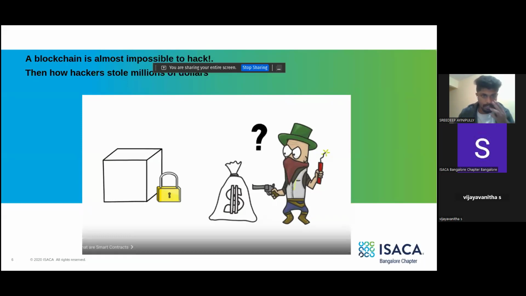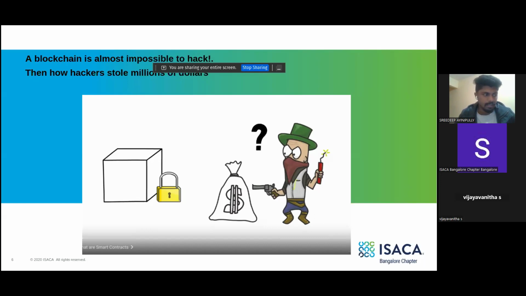So then how did hackers steal millions of dollars? That's the thing here. They are exploiting smart contracts. Once they exploit the smart contract, they move the money to another account, then cash it out. Right now, as per cyber attack trends, most of the APT groups, advanced persistent threat groups, are targeting smart contracts and cryptocurrencies.